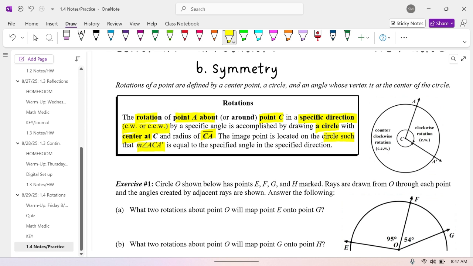The initial spot you started with, let's say that's your A point. Let's say you only went about 90 degrees. That would be your A prime. It's almost like going around on a merry-go-round or a Ferris wheel. That's kind of what that means.